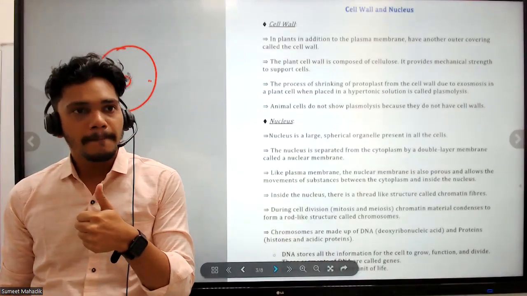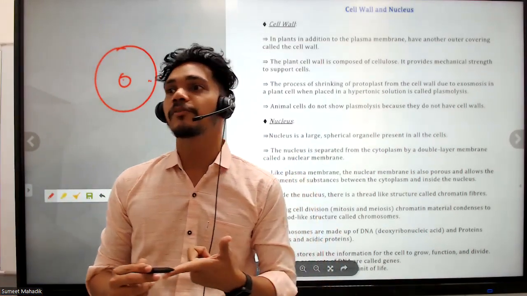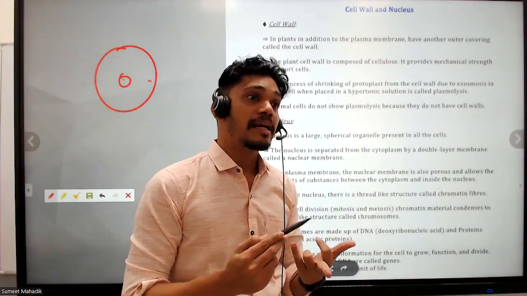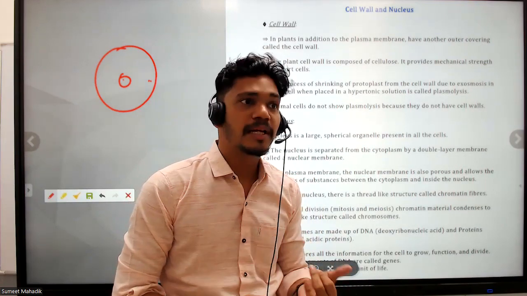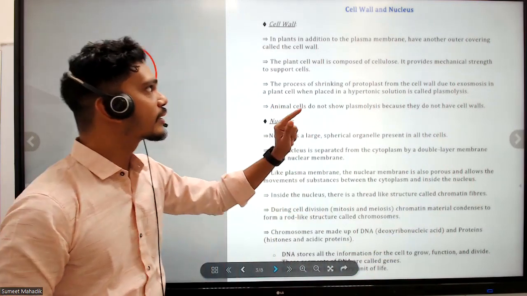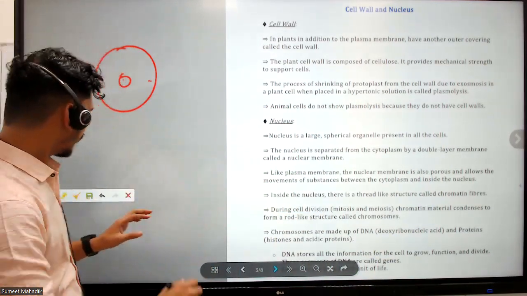Example, mitochondria. Mitochondria is called the powerhouse of the cell, responsible for giving energy. Apart from that, ribosomes are there, endoplasmic reticulums are there, cytoplasm is there, cytosol is also there. We will tell all about it in detail. Okay, so let's study that, and whatever is important, definitely you have to take it in your book.